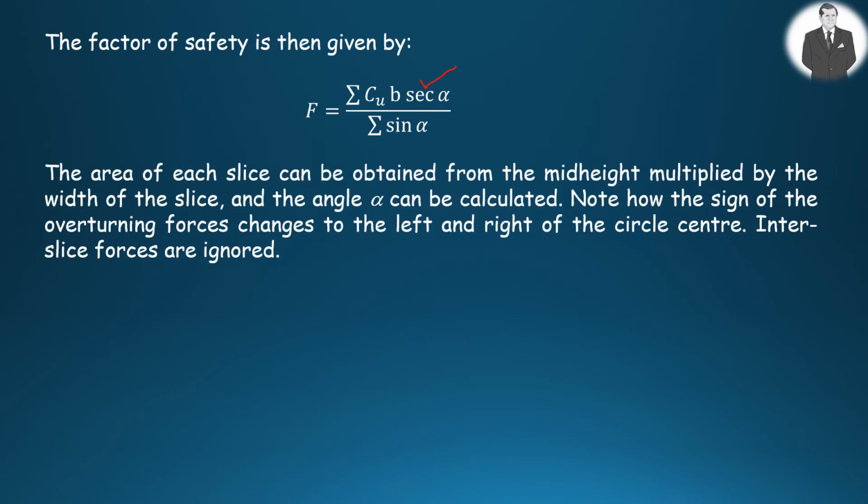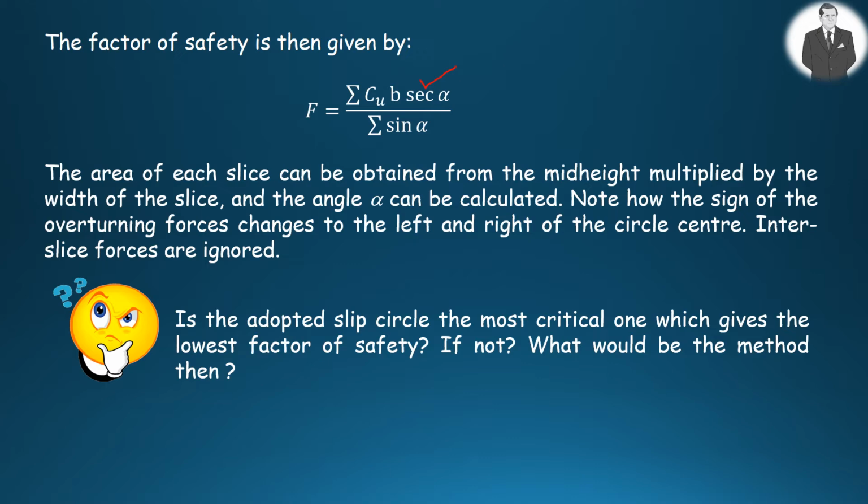The area of each slice can be obtained from the mid-height multiplied by the width of the slice, and the angle alpha can be calculated. It is important to note that the sign of the overturning forces changes to the left and right of the circle center. What is more, the inter-slice forces are ignored.